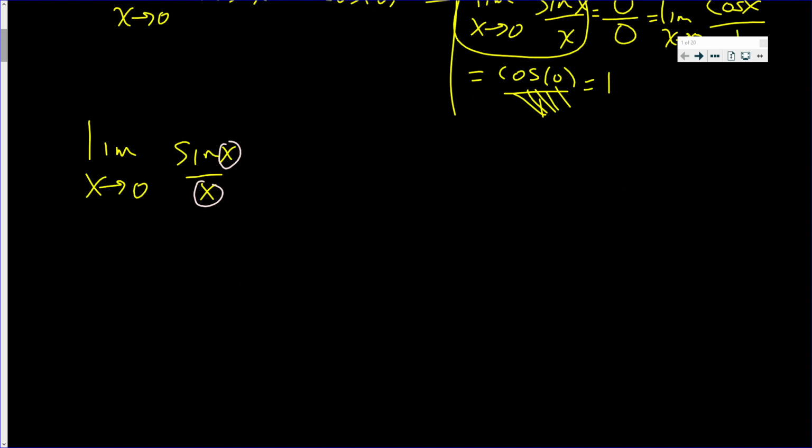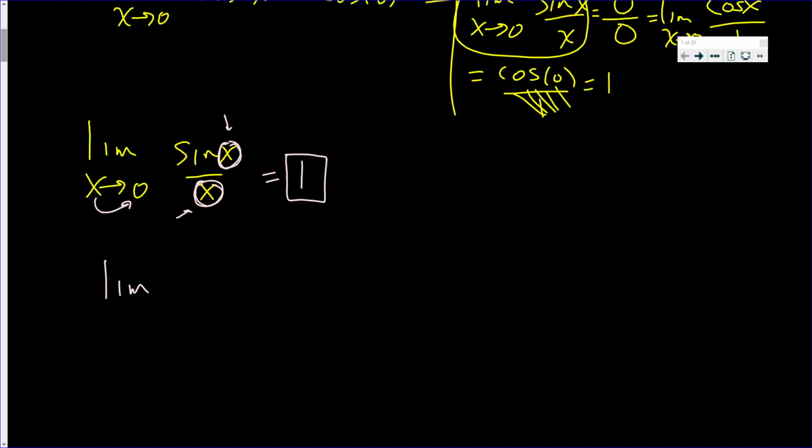That's the first thing that has to be true for this answer to be 1. Whatever you're taking the sine of, that's what you're dividing by. The second thing is, when x goes to that number, these have to go to 0. And of course, if that goes to 0, then x goes to 0. So it passed both criteria to be 1.